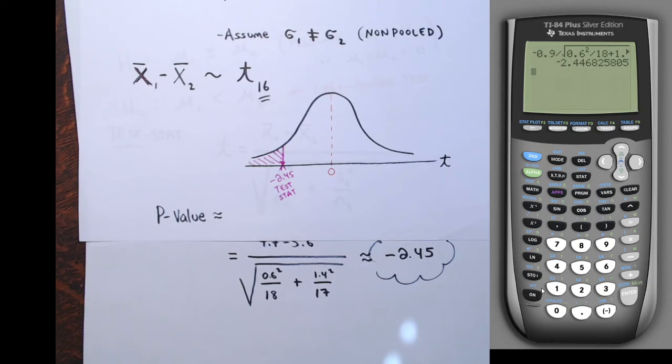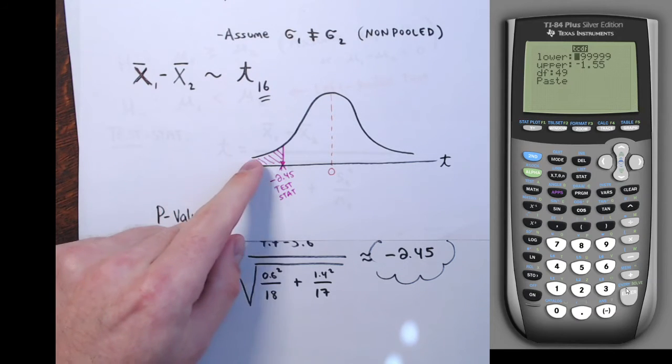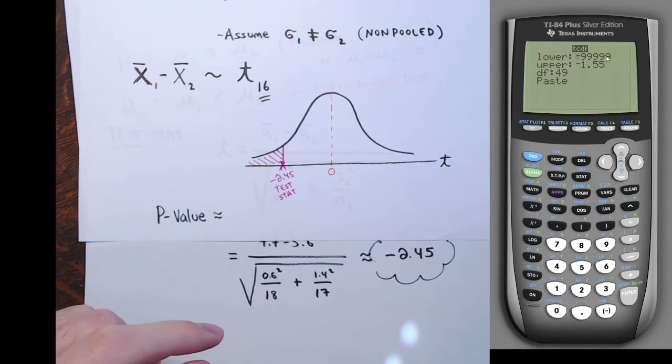So I go to my calculator here, and I go second, distributions, down to tcdf. We're finding the area under a t curve. This area to the left here, there's no lower value, so I put some big negative number there. The upper value is my test statistic, negative 2.45.